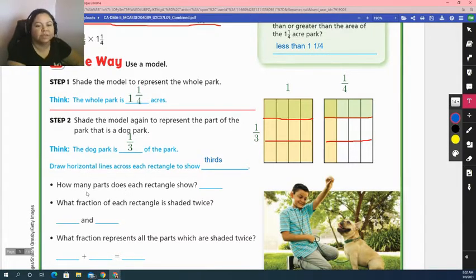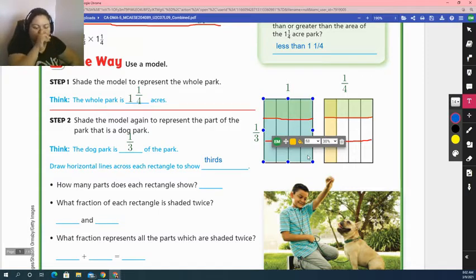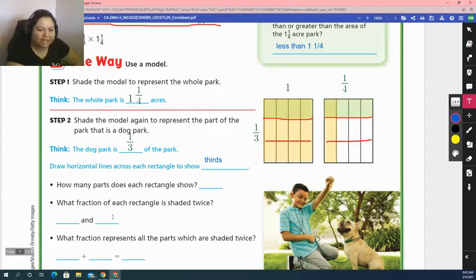How many parts does each rectangle show? Basically, we're asking how many parts does each rectangle show? Like how many squares are inside this rectangle. Once we shaded all the parts and divided the rectangle, how many parts do we show now in each rectangle?